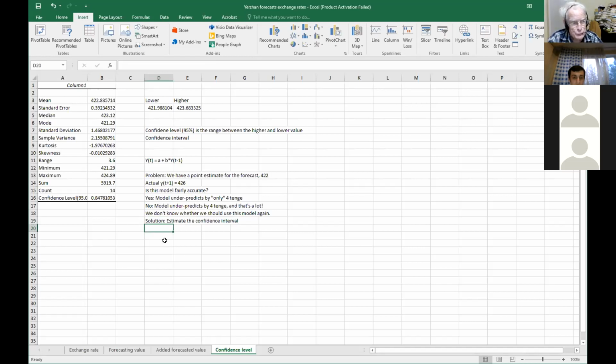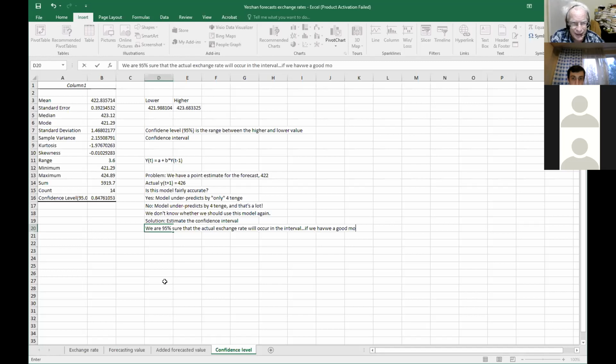So for the 95% confidence interval, we are, roughly speaking, 95% sure that the actual exchange rate will occur in the interval if we have a good model.